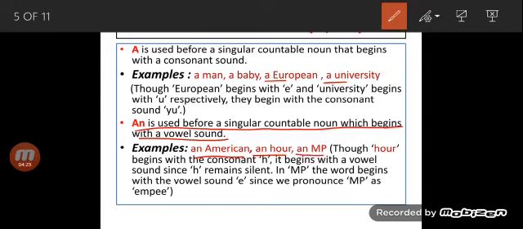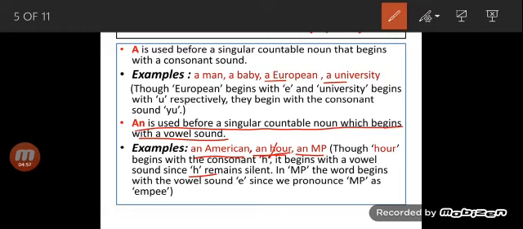Though hour begins with consonant H, it begins with a vowel sound since H remains silent. When we pronounce it, it begins with a vowel sound, an hour.